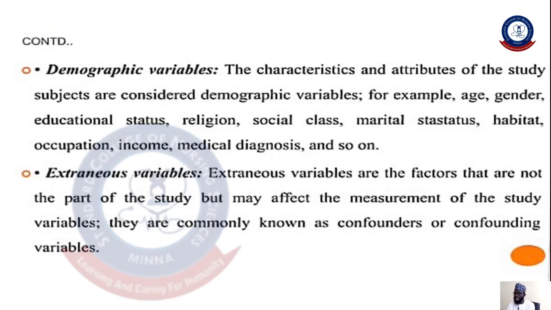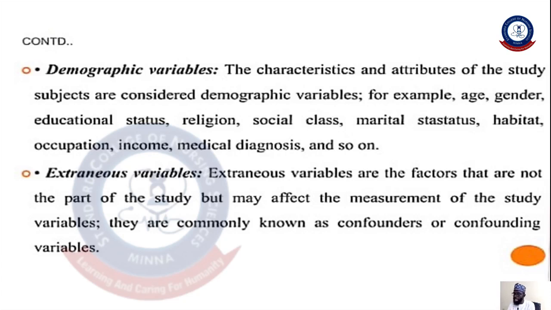Mind you, we said individual as human is an independent variable. Then from that variable you can deduce a demographic variable. So if you say age of an individual, of course age is a variable, but it's a demographic variable. Then from the name demographic, it's just a characteristic or attribute of a subject.